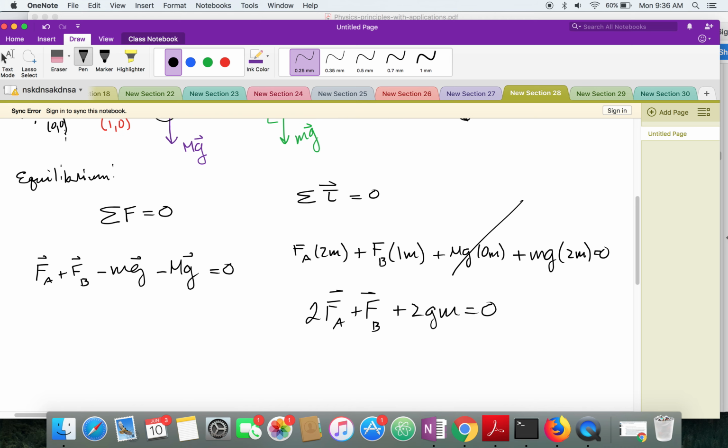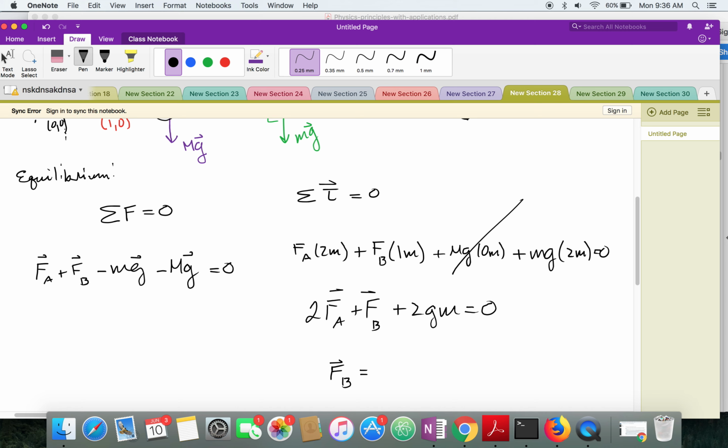I guess let's solve for FB. So FB is going to be 2mg, sorry, I wrote GM, I should really leave it as mg, 2mg minus 2FA. And then I'm going to take this and plug it in there.